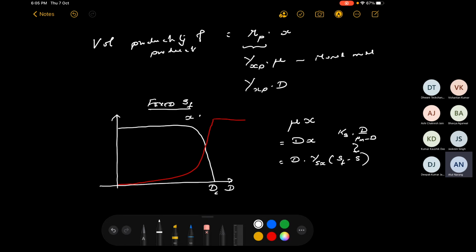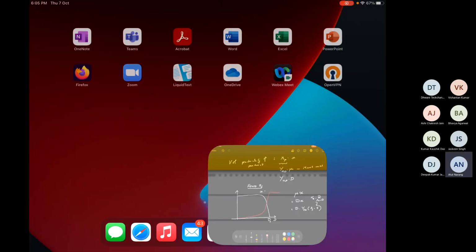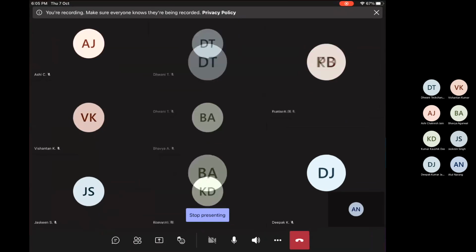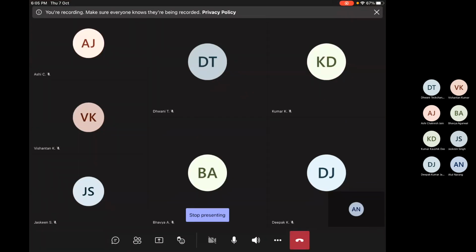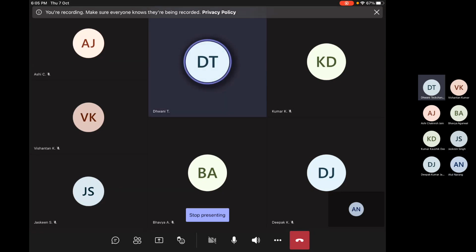Now, can I ask you what the shape of DX will look like? I'm not asking anybody in particular. What do you think the shape of DX will look like? I think it'll have a maxima. It'll start lower, go up, and then come back down again.